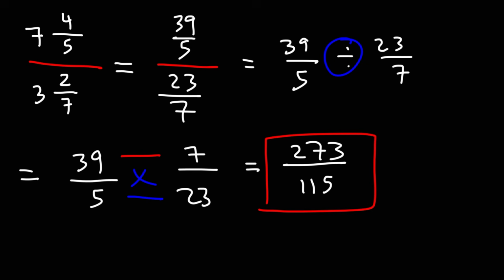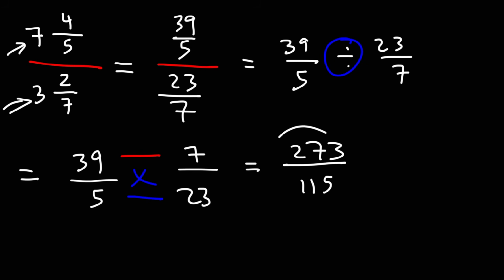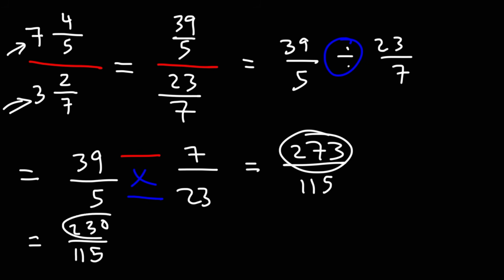But you know what? Since the original problem was a mixed number, let's convert this improper fraction back into a mixed number. 115 goes into 273 two times. 115 times 2 is 230. If we subtract 273 by 230, that's going to be 43.